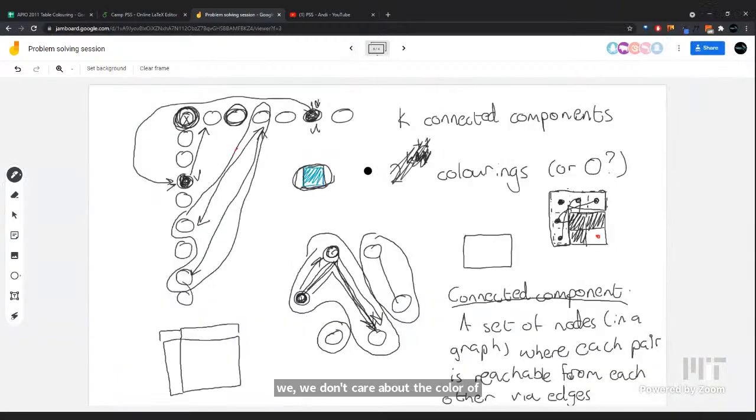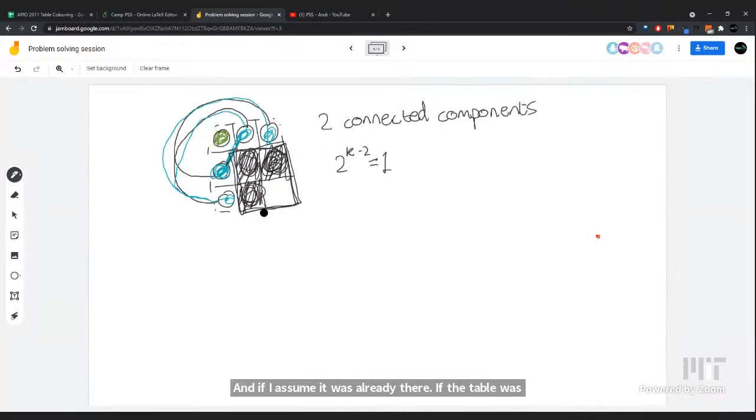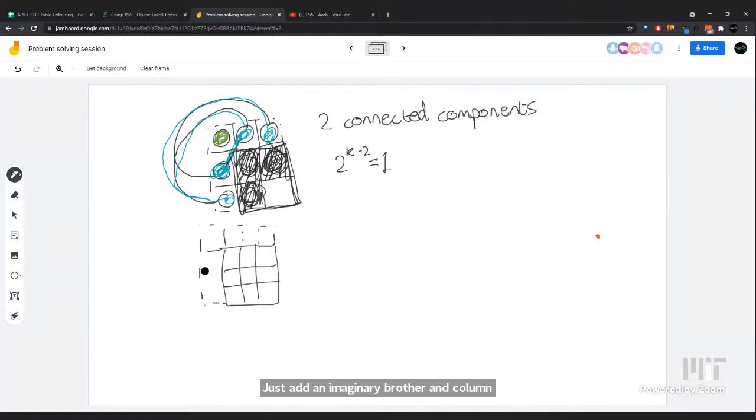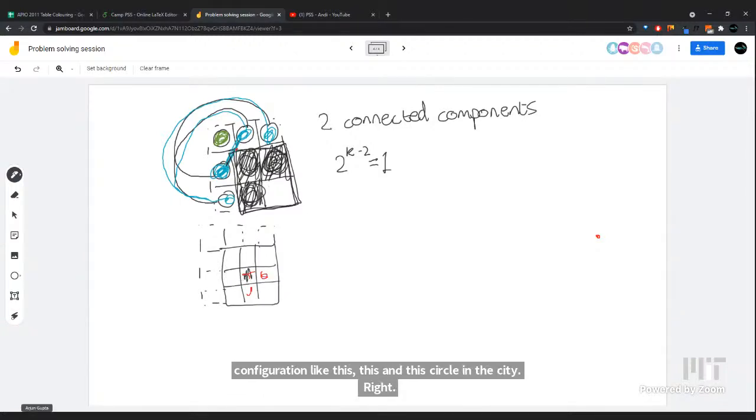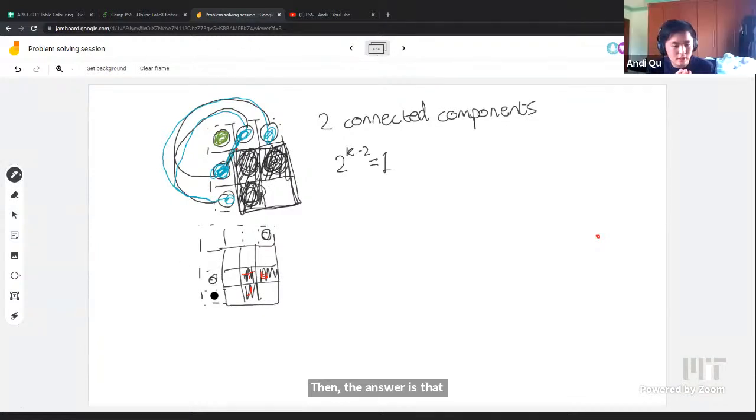And if I assume it was already there, if the table was originally 3 cross 3? Well, then if it's 3 by 3, we just add an imaginary row and column. No, in this 3 by 3, we have just the above configuration, and these are colored in. Yes. So if this happens, then this is connected to this, is connected to this.